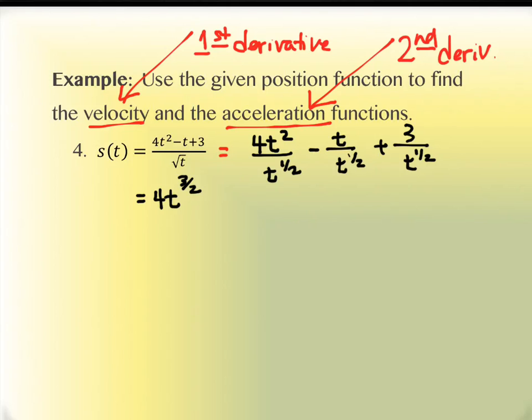Okay, so I'm not doing any calculus yet. All this is algebra. Second thing, then, I've got t over t to the 1/2, so that's like t to the 1 over t to the 1/2. So if I subtract those exponents, what do I get? T to the 1/2, right. Now, in the last piece over there, I've got 3 over t to the 1/2.